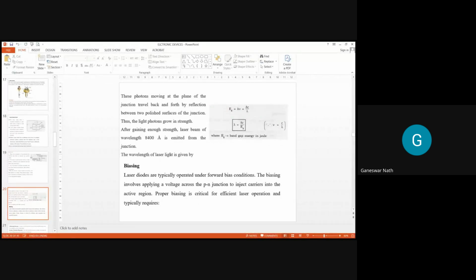Now, when we go to the biasing of a laser diode, laser diodes are typically operated under the forward bias condition. The biasing involves applying a voltage across the pn junction to inject carriers into the active region.